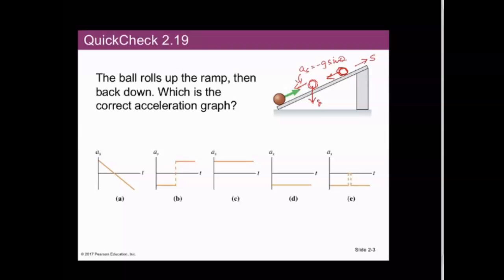Just as when you throw a ball in the air and it reaches its maximum height, at that instant its velocity is 0, its acceleration is still equal to minus g. So the correct answer in this quick check is answer D.